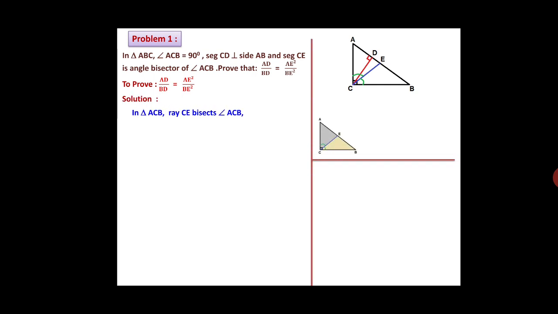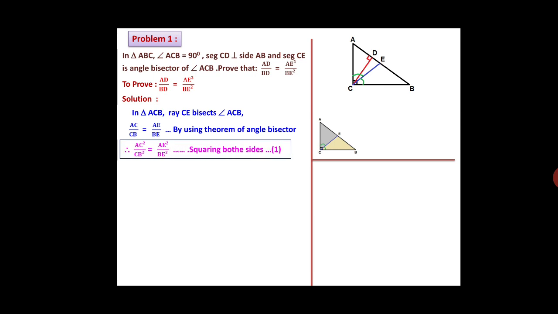So friends, in triangle ACB, ray CE is the bisector of angle C. By using the angle bisector property we can write AC upon CB is equal to AE upon BE. Therefore let us square on both sides. So we will get AC square upon CB square is equal to AE square upon BE square.